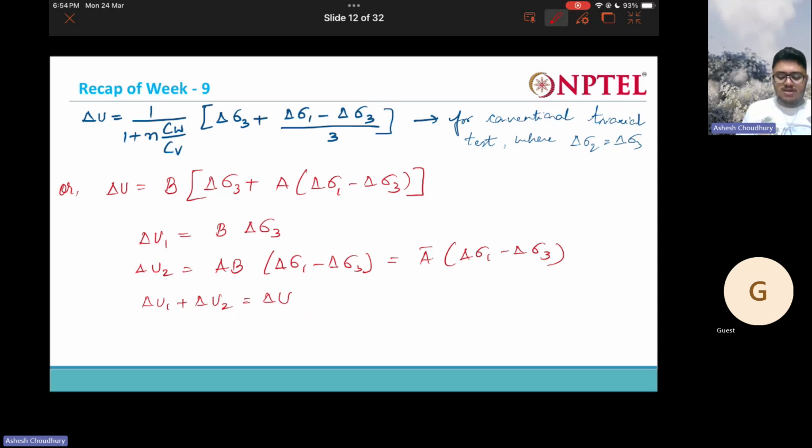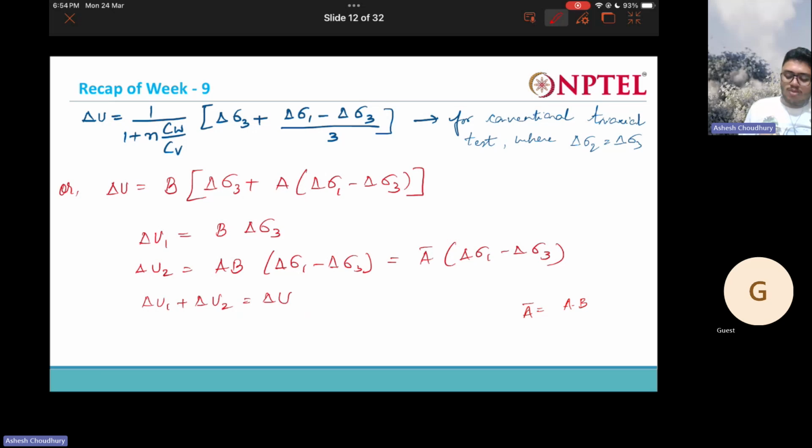So AB can be written as A bar, and A bar times (delta sigma 1 minus delta sigma 3) is delta u2. The total change in water pressure is delta u1 plus delta u2. We had discussed A bar previously: A bar is nothing but A into B.